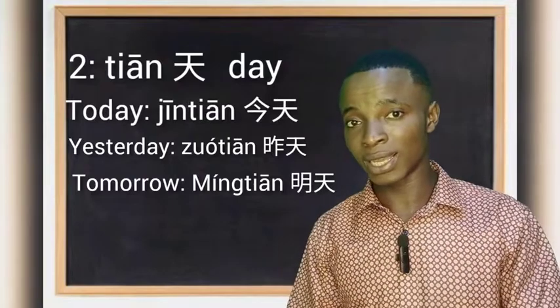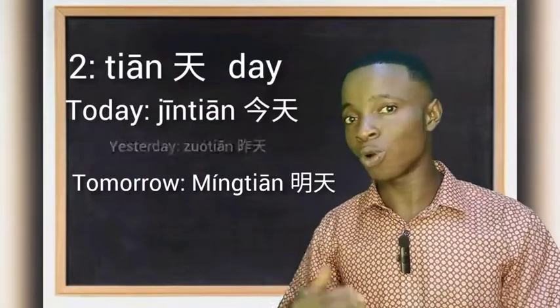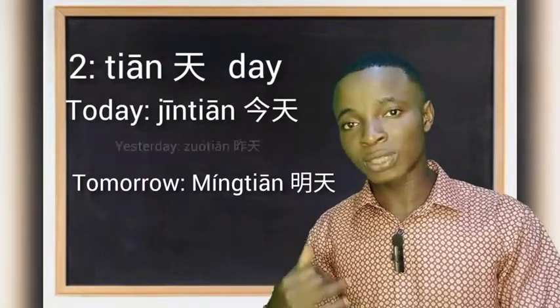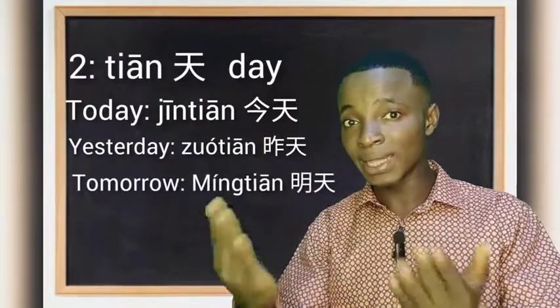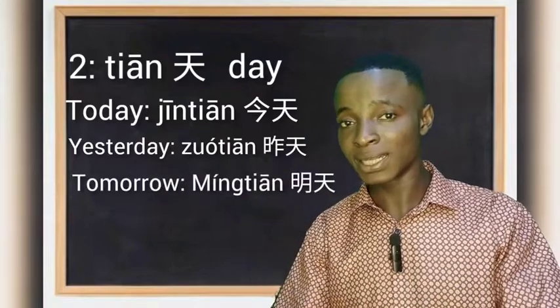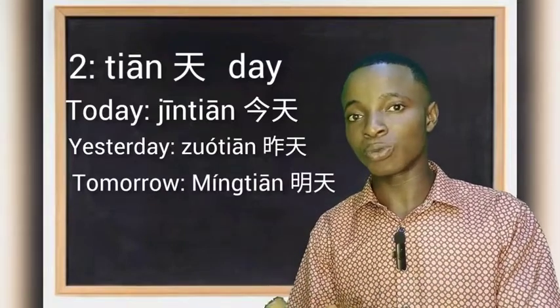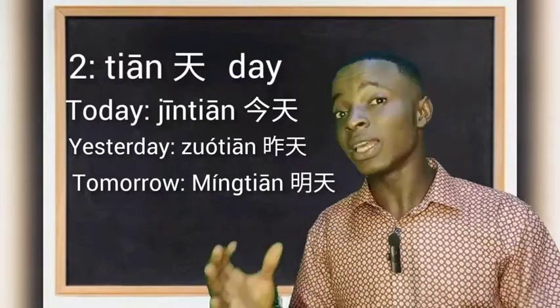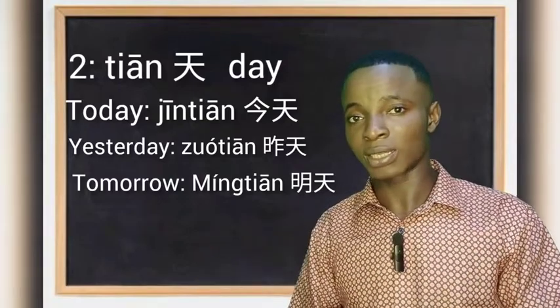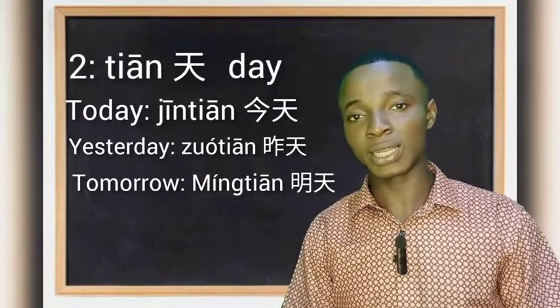Yesterday is Zuo Tian. And tomorrow is Ming Tian. So it always goes with other characters to be meaningful. It's a commonly used Chinese character. It is used almost every day.